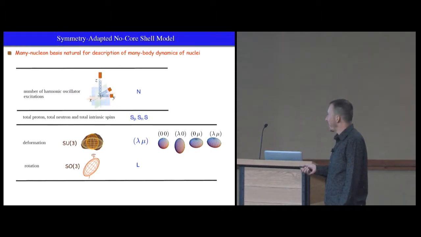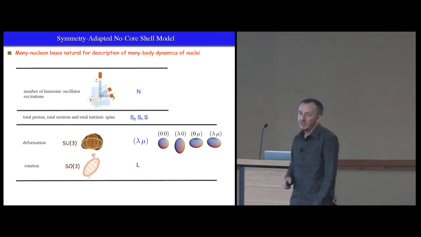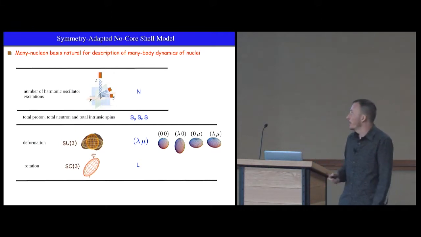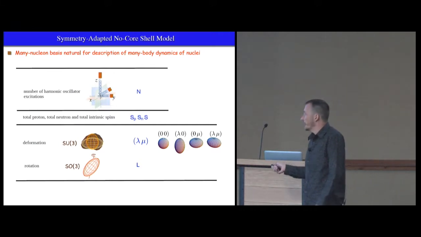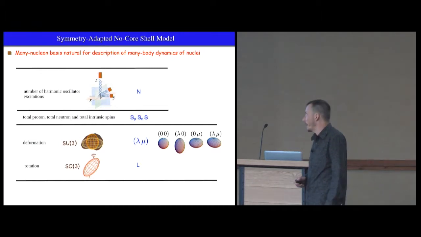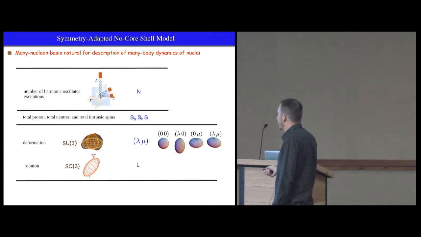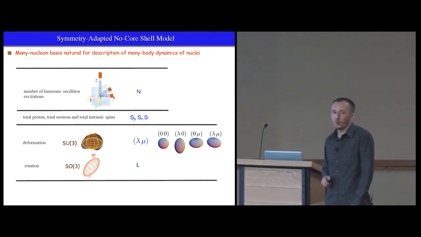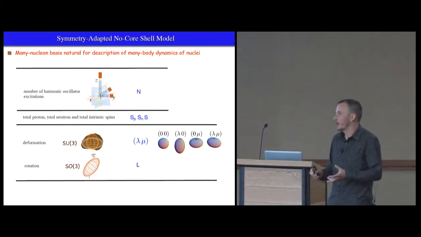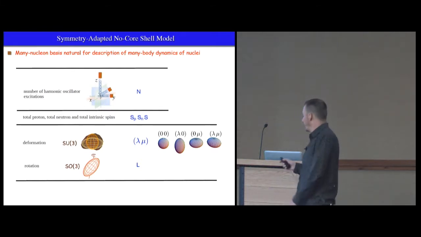And in the spatial part of our basis states, we organize it according to the SU(3) group, which is the symmetry of the harmonic oscillator, but at the same time, it is also related to the intrinsic deformation of atomic nuclei. And next, the orbital angular momentum is also a good quantum number. So you can see that we designed this basis to be highly tuned for the description of a deformed system of nucleons that rotates.